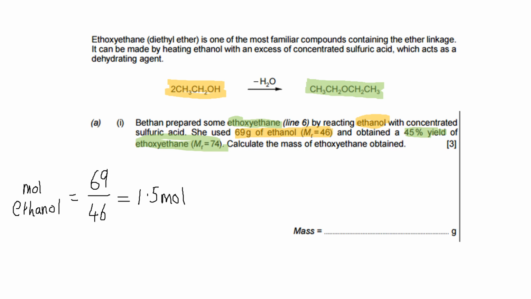Notice the ratio here. You've got 2 moles of ethanol producing, well, there's effectively a 1 there, an invisible 1. So it's a 2-to-1 ratio. So we need to divide by 2, which gives you 0.75 moles of ethoxyethane.